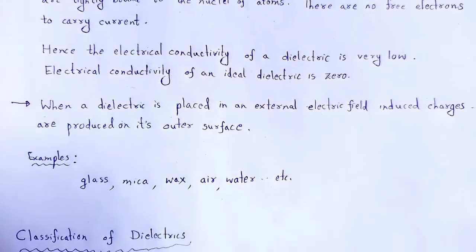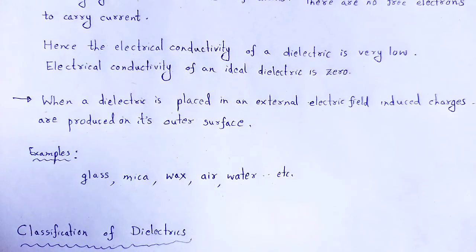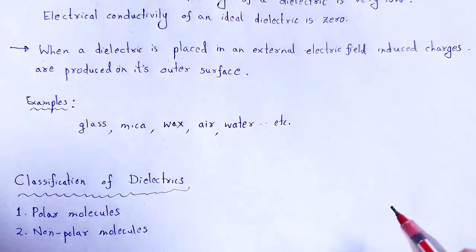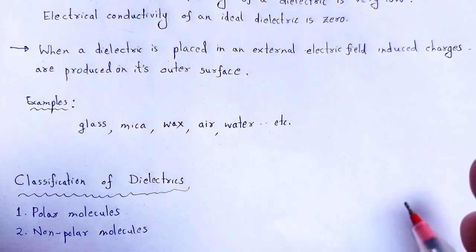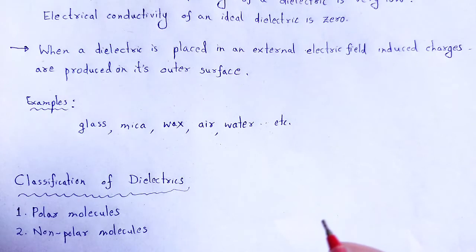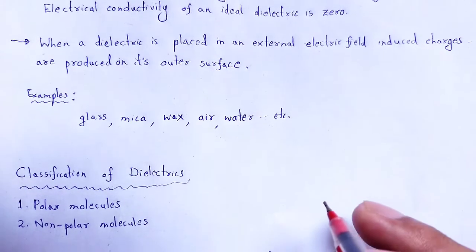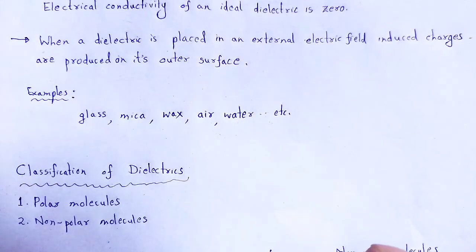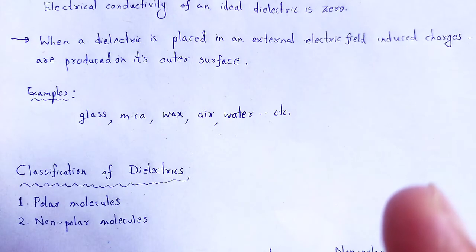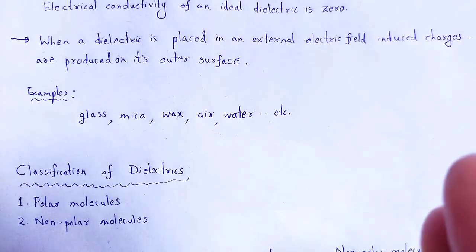Now, classification of dielectrics. If we consider a molecule, there are equal numbers of positive and negative charges present. The negative charge is in the form of electron clouds, and an equal amount of positive charge is in the nuclei.